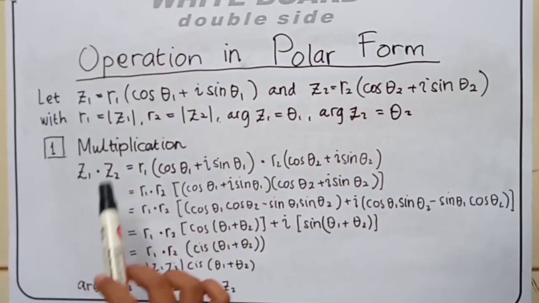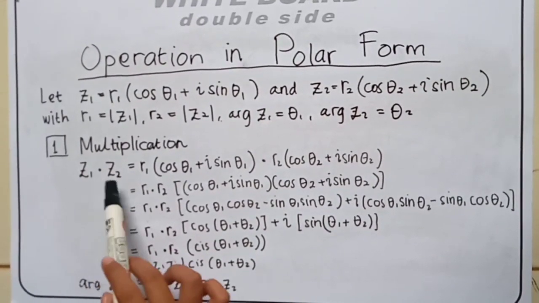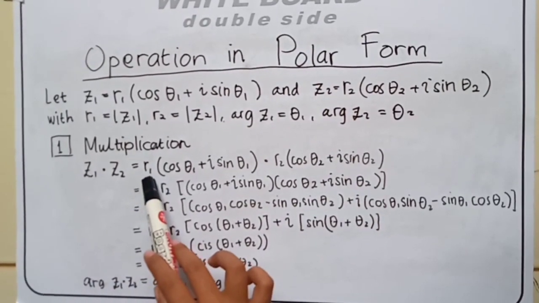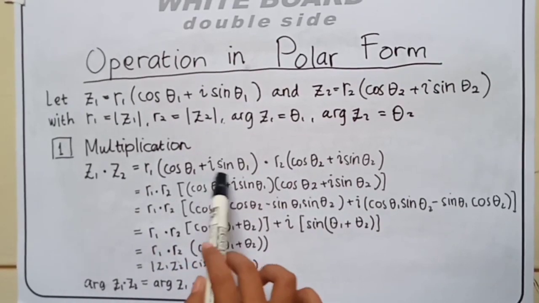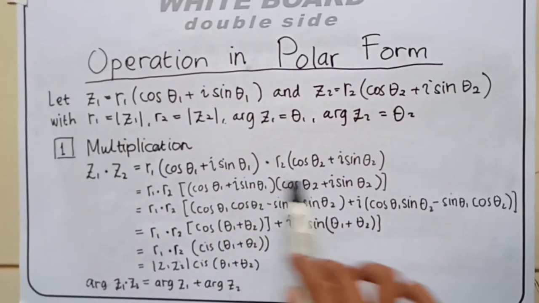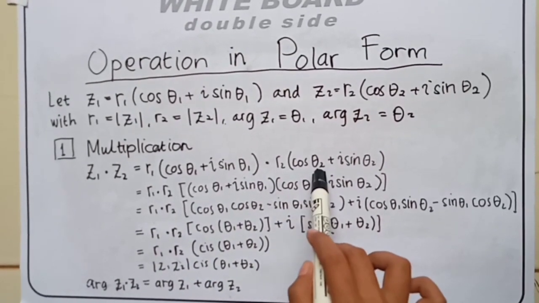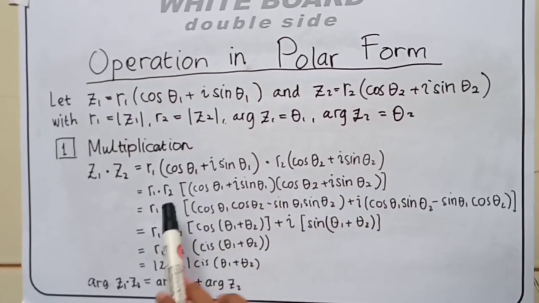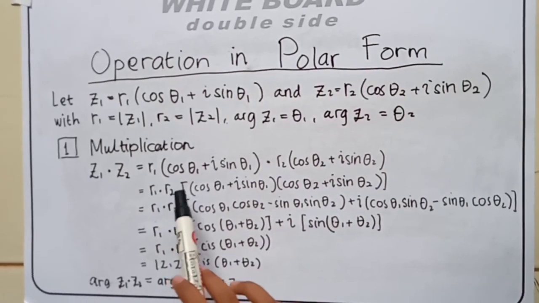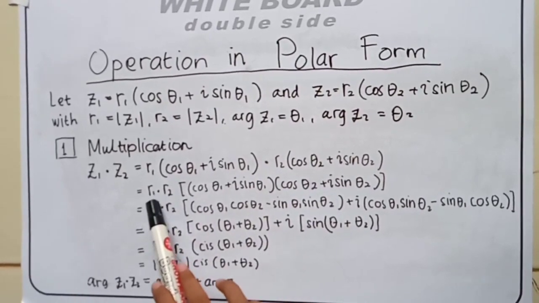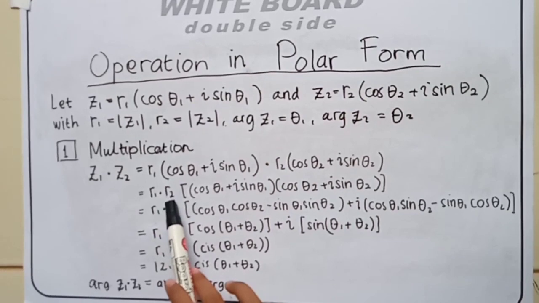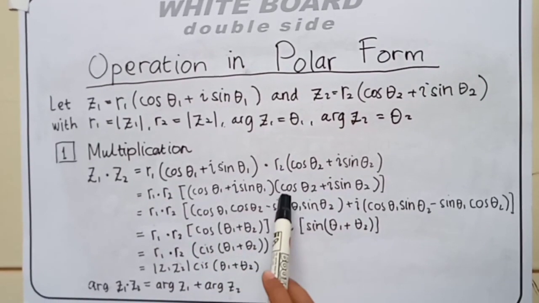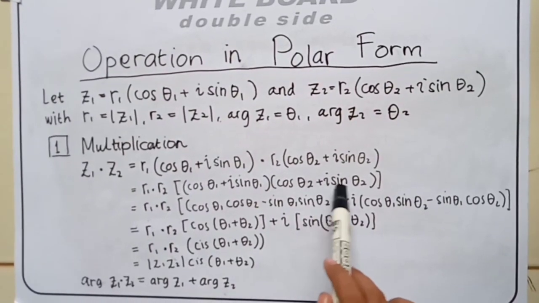We multiply z1 and z2, so we multiply r1 (cos theta 1 + i sin theta 1) times r2 (cos theta 2 + i sin theta 2). Here we associate it: r1 times r2, and (cos theta 1 + i sin theta 1) times (cos theta 2 + i sin theta 2).